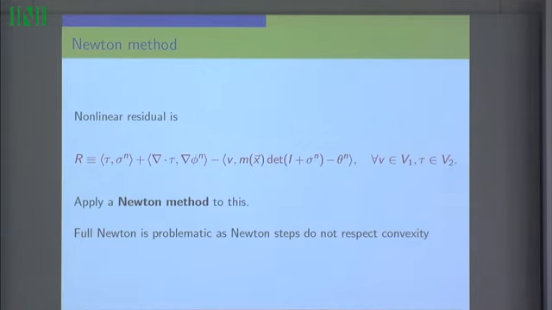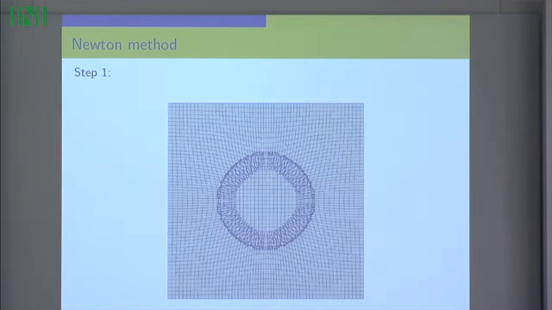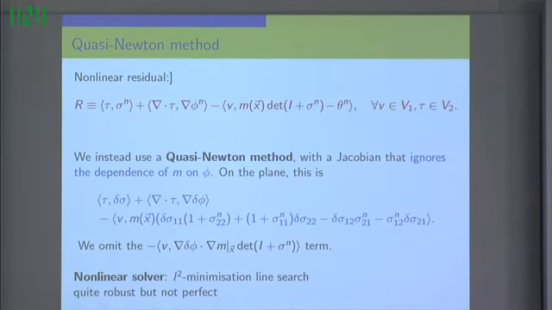And certainly in our case it does, and if you apply a Newton method to the ring problem, starting with a nice uniform mesh, it gives you a tangled mesh immediately. Well, not immediately, but pretty fast. And that's because the Newton method isn't respecting the underlying structure in the problem, which gives you the convexity you need to prevent tangling.